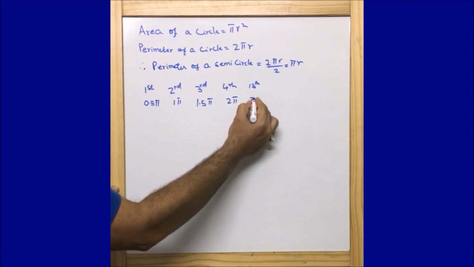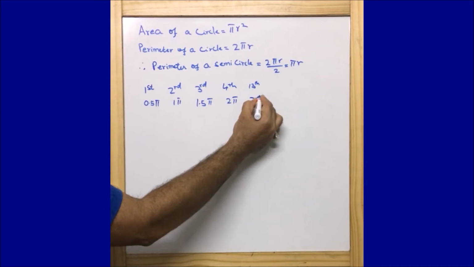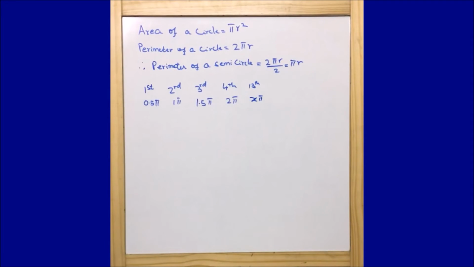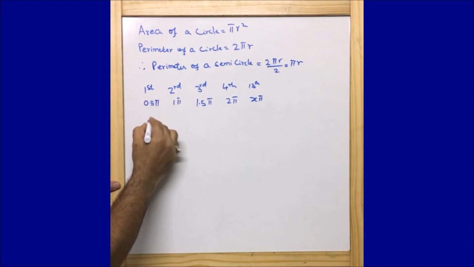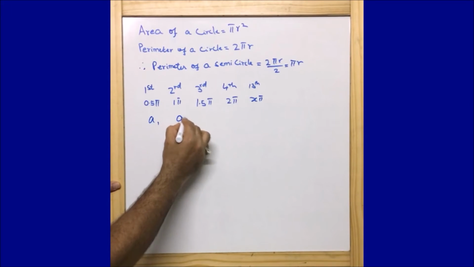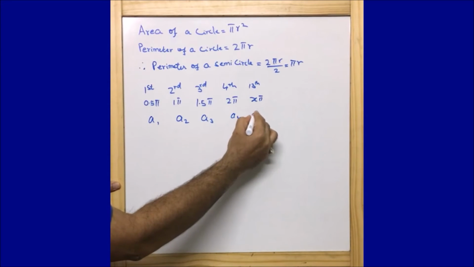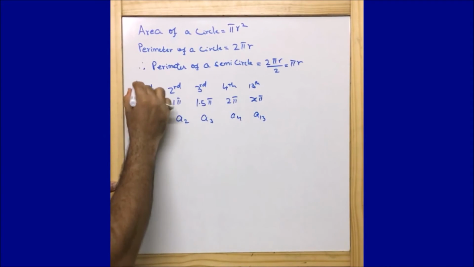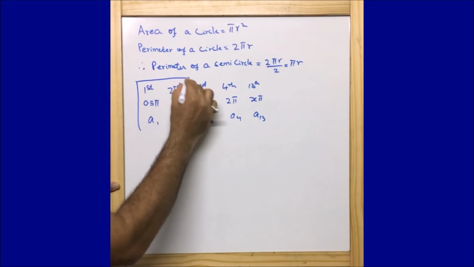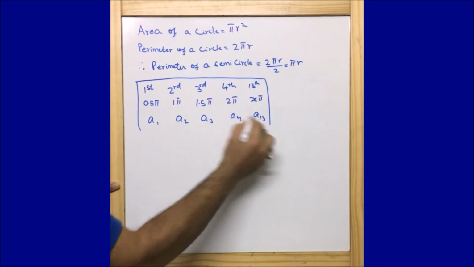Let it be x pi, because we don't know what is going to be 13th one. So I am assuming the 13th to be x pi. Okay, now let us name this one as A1, A2, A3, A4, and the last one is A13.